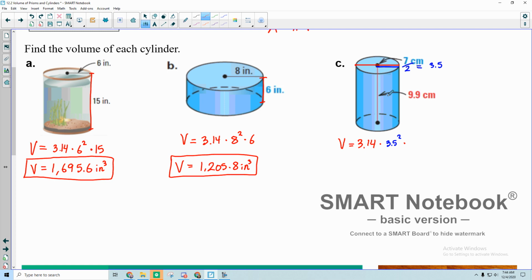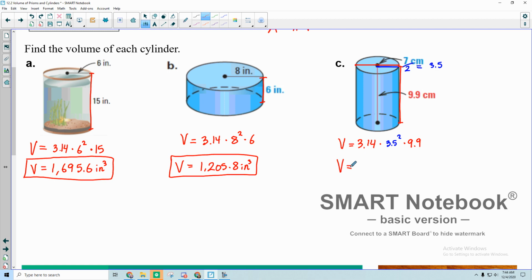And even though the height is inside the cylinder this time, it's still the height of the cylinder. I could take this height and scoot it over, and this height here would be the same length as this 9.9 that's in the middle. So same thing, we can just multiply this by 9.9.